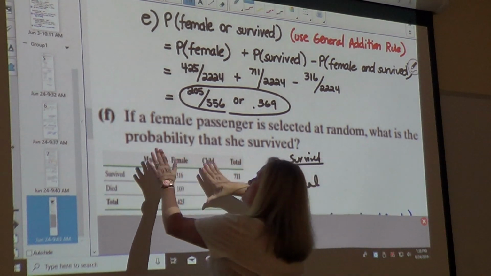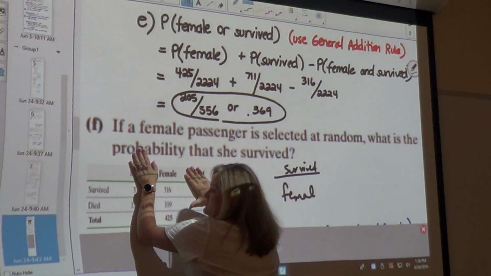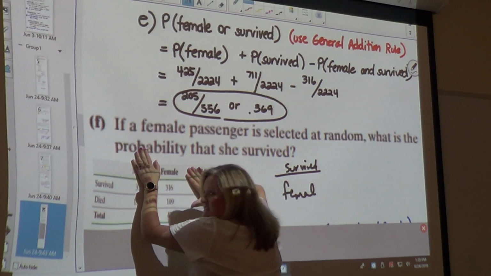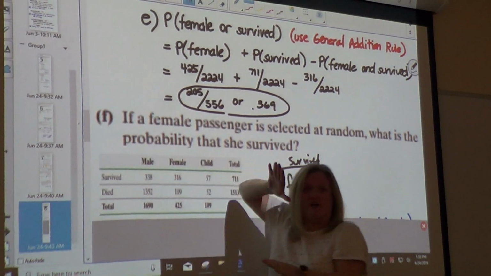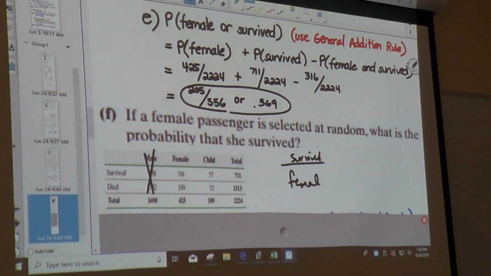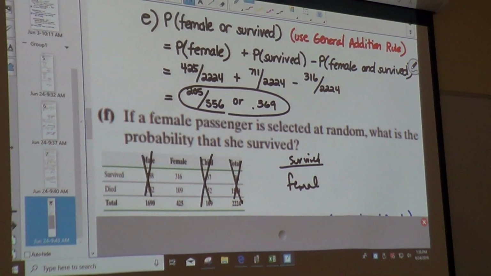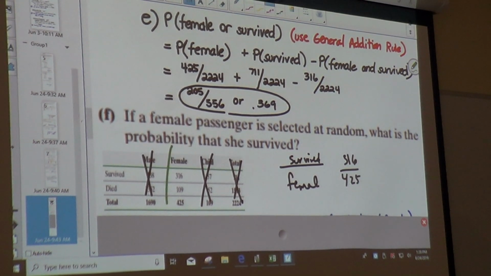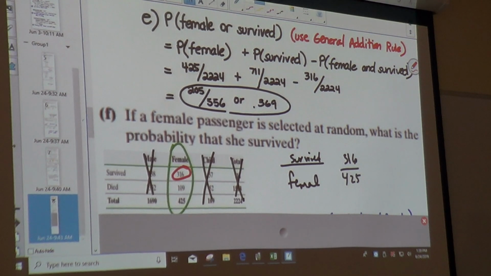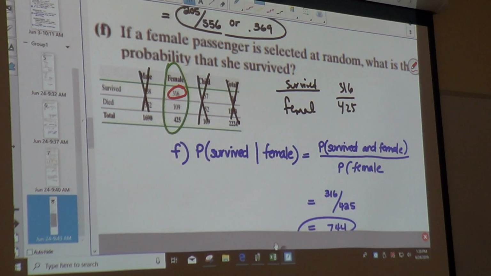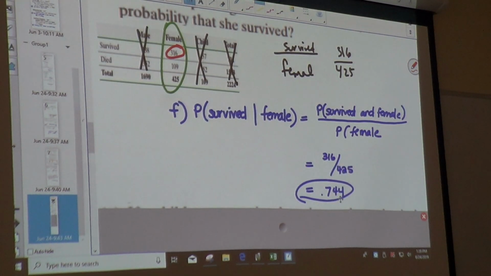So my blinders are just on the females. So how many survived of the females? 316 of the 425. So 74% of the females survived.